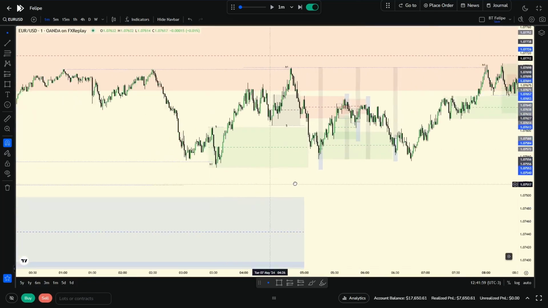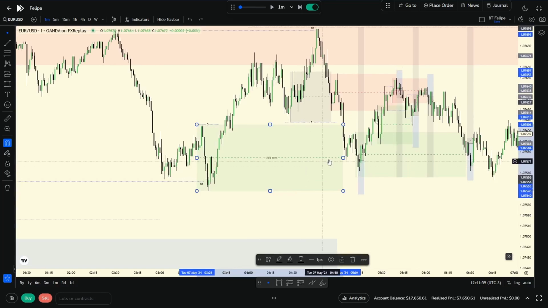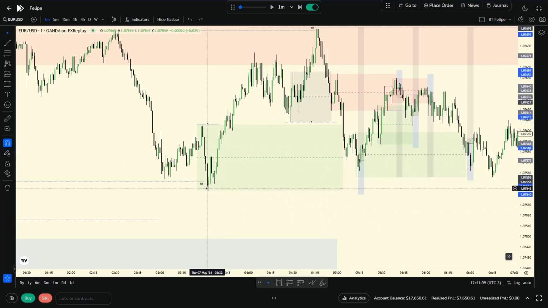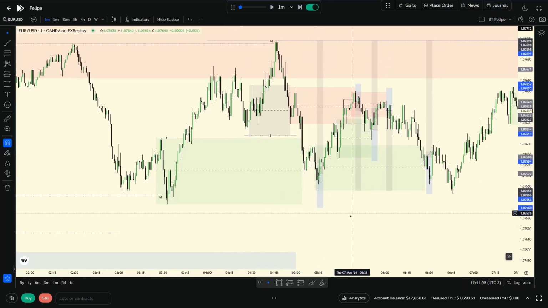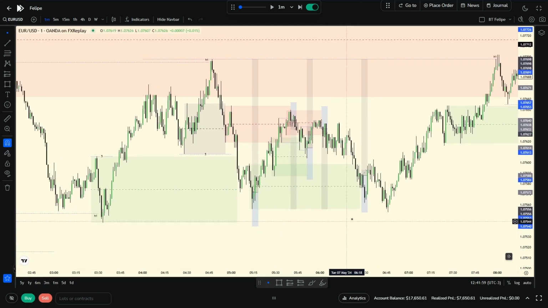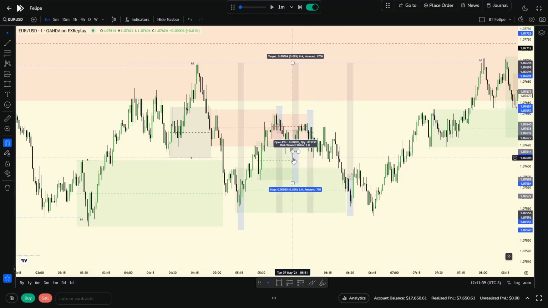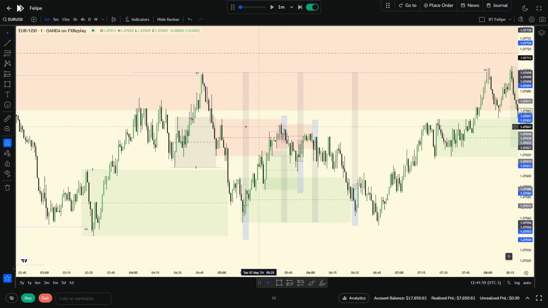So let's see what I could have done better. Okay, so it ended up going up. This long was nice, and then this long was unfortunate. This long was in the middle of the leg. Maybe I should have done that. And these shorts were nice.